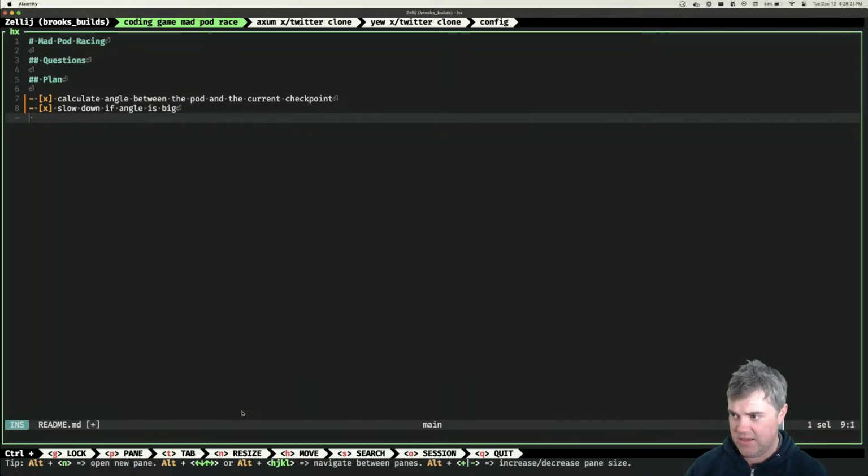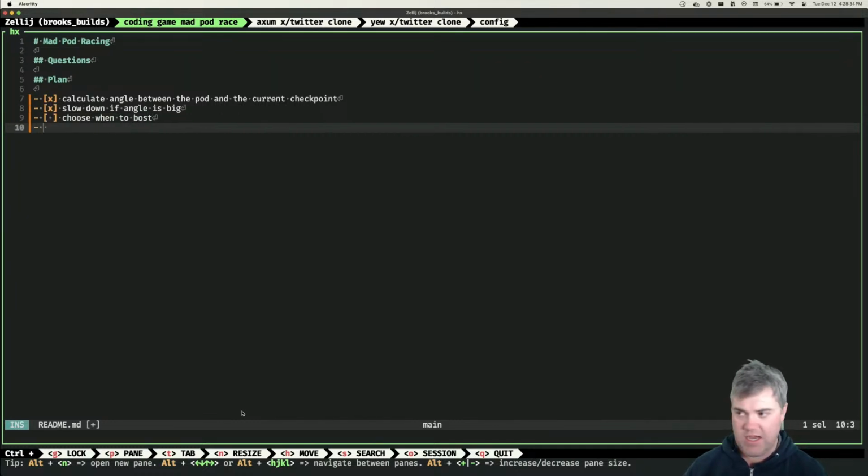So instead, we need to choose when to boost. And then I need to attack, defend. Probably have one pod focused on racing and one pod focused on attacking.